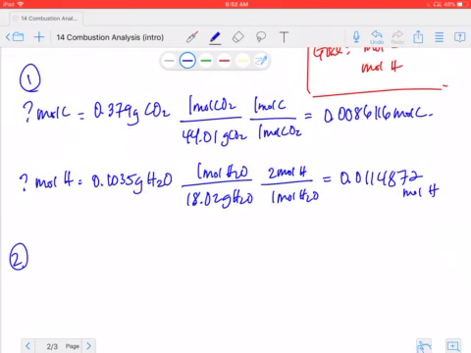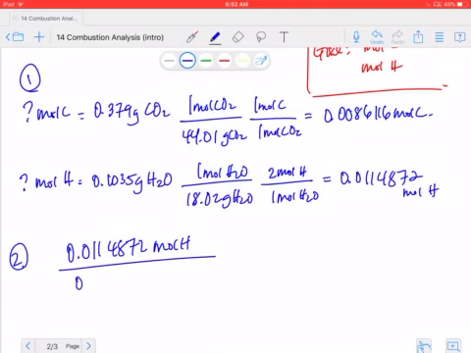The second step is to do that ratio. So you want to take the bigger amount and divide by the smaller amount. In this case, we just have 2 elements, so this is just one ratio we need. That hydrogen is going to go on top. So we have moles of hydrogen over our moles of carbon.